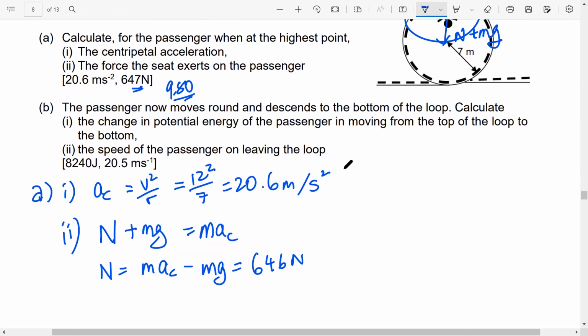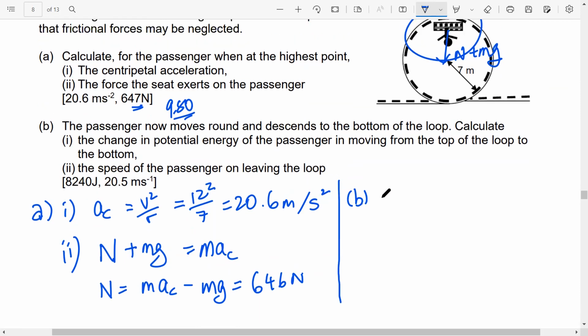Now for part B, this one, B part 1 should be simple. This one is within your Sec 3 work. Just the change in GPE.